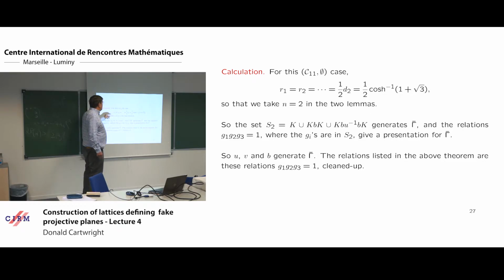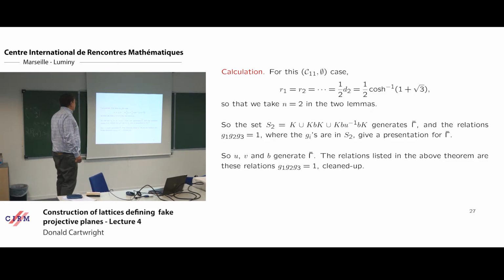Anyway, it turns out that you can calculate these radii precisely in these two cases. So it turns out that you need only n equals 2. So this set S2, which is the union of these three double cosets, generates the whole group. And the relations G1, G2, G3 equals 1 coming from that S2 give you a presentation. So that's a sketch of the proof of that theorem.